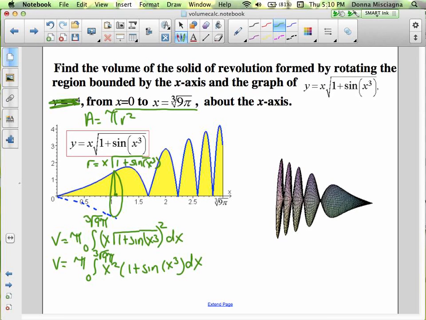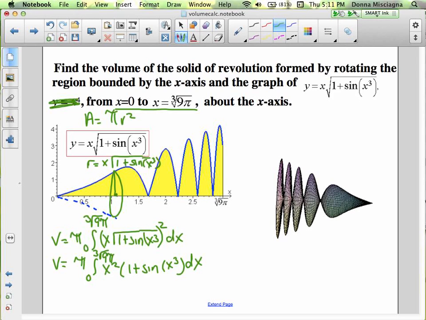Well, if we distribute the x squared, then we've got x squared. That's okay. If we don't distribute the x squared, we've got 1 plus sine x cubed, right? What the heck is it going to be with it over here? We can't deal with the product. If we distribute, however, we can use the u substitution and make u be x cubed, and then everything is fine.